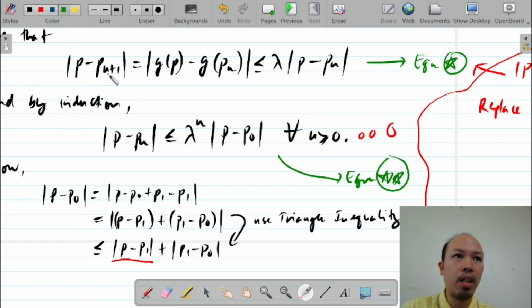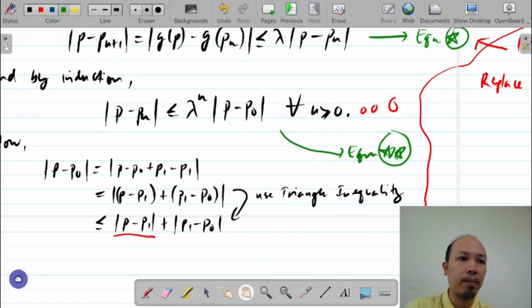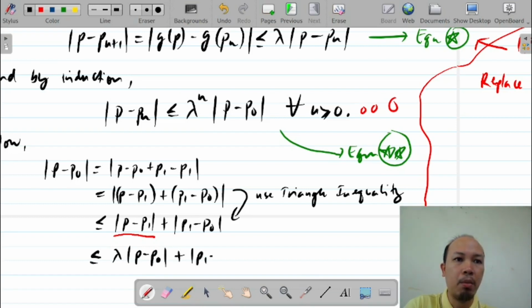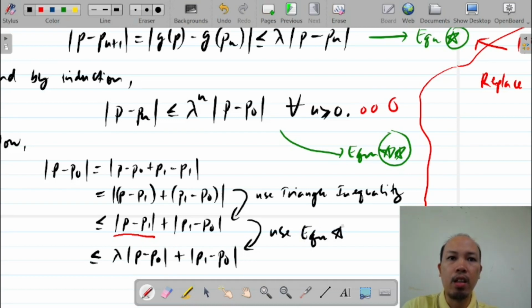So when n is equal to 0, |p − p_1| becomes |p − p_0|, and this will be less than or equal to lambda times the quantity |p − p_0| plus |p_1 − p_0|. So here we use equation star.